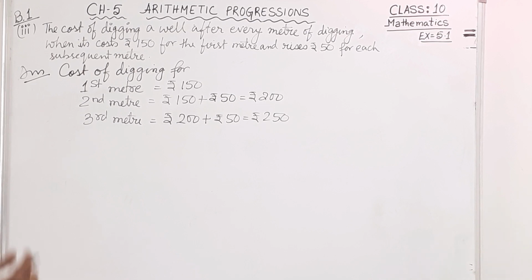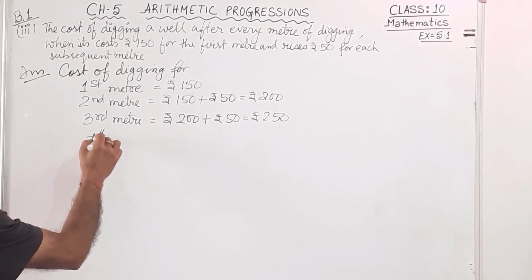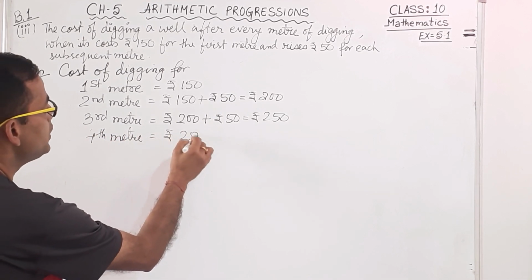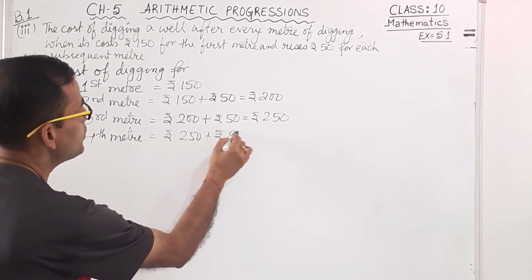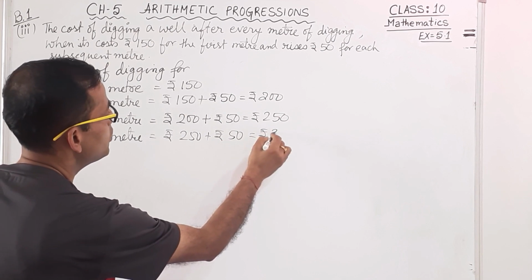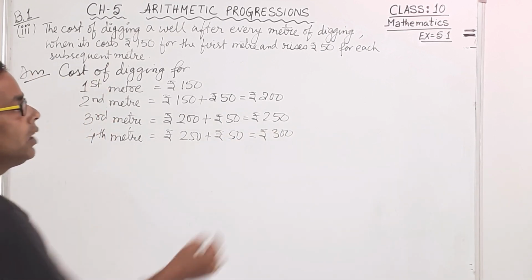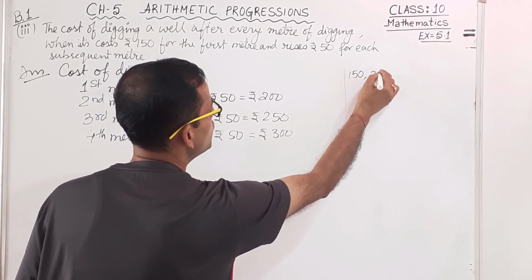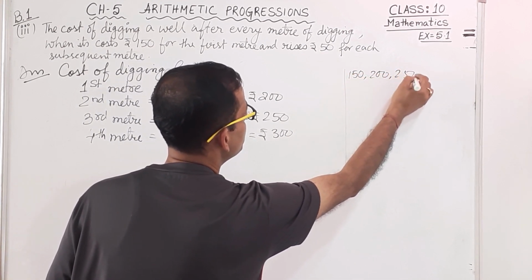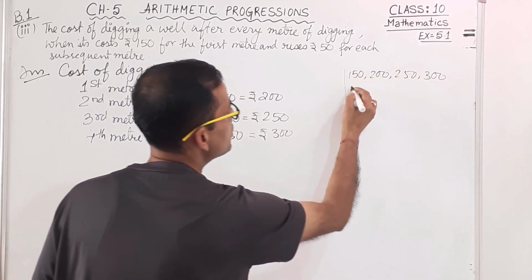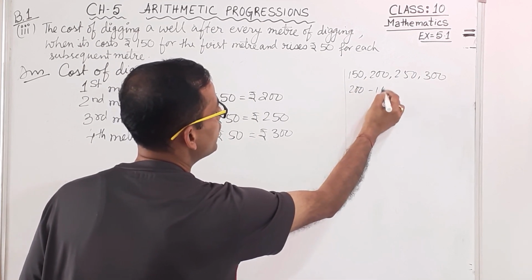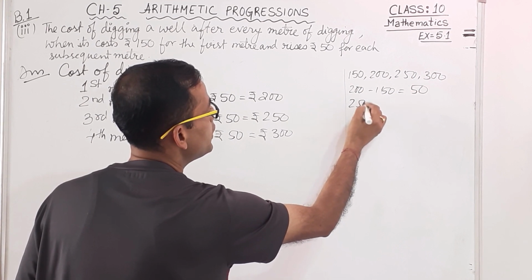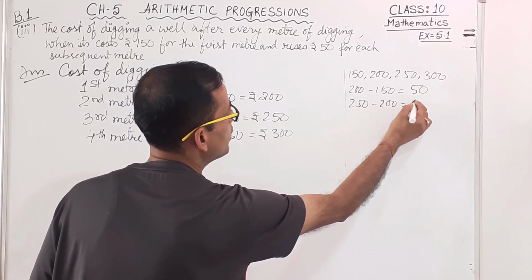Now if I want to find out one more, the fourth meter, it will be rupees 250 plus rupees 50. So how much comes? Rupees 300. Now you see the numbers: 150, 200, 250, 300. So 200 minus 150, it is coming 50. 250 minus 200, it is coming 50.